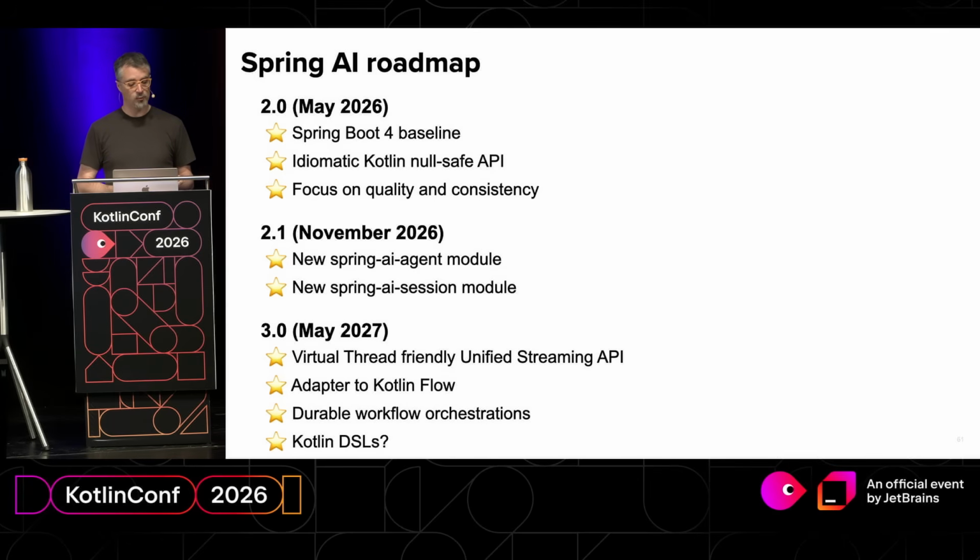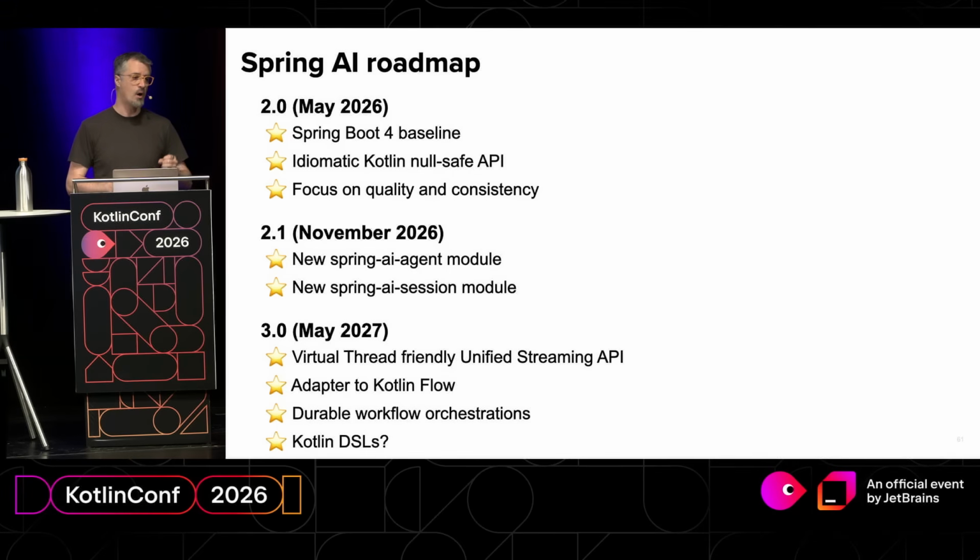2.1 in November 2026 will have a focus on providing a new agentic API module, which will be called something like Spring AI Agent. That will be an additional module that will provide dedicated agentic annotations and APIs. It's already possible to build an agentic application with Spring AI, but you need to wire stuff manually with your code.